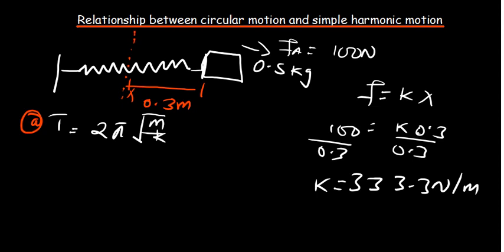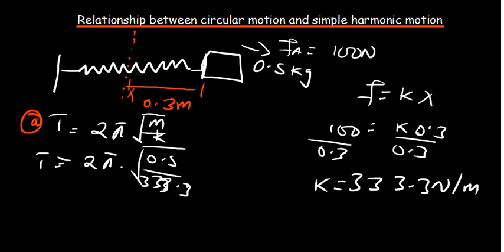If that is my k, then I can come back here. My period is equal to 2 pi times the root of, the mass is 0.5 over 333.3. So what will be my answer? I get my calculator. 0.5 divided by 333.3, square root, times pi times 2.